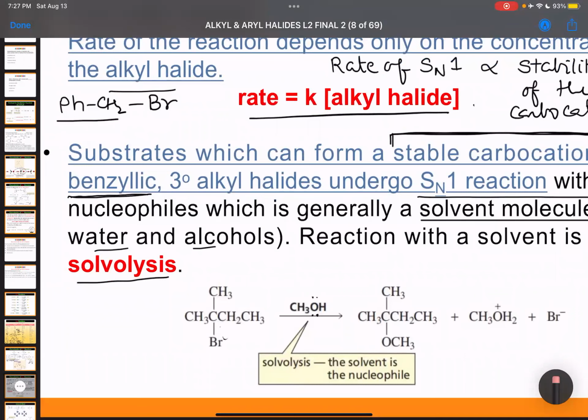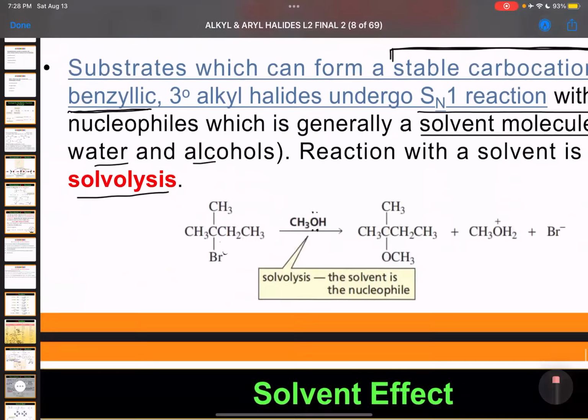So we need more alkyl groups, more branching, or phenyl groups attached to the carbocation that can stabilize it by resonance or by electron donation. If you have a more branched substrate, or a substrate which can form a stable carbocation, then SN1. But if you have a less branched substrate, then SN2, right?